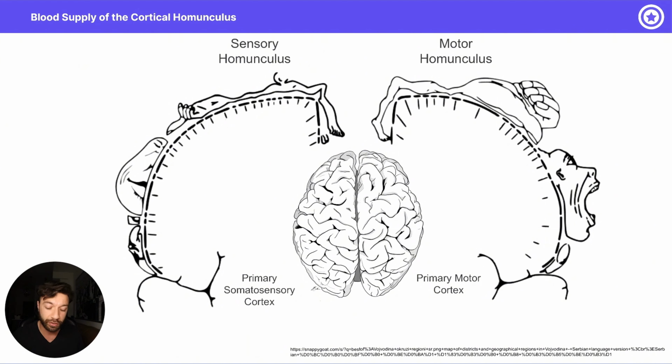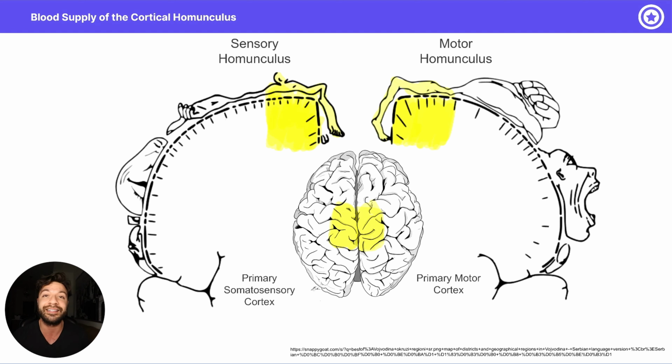So then how does this look on our homunculus? Well, if you think about which structures are along the medial aspect of the cerebral cortex, along that median longitudinal fissure, it's going to come up to about right here. Looking at both our sensory and our motor homunculus, it's going to be providing blood supply to the part of the primary motor and the primary sensory cortex which is involved in the trunk and lower limb regions.